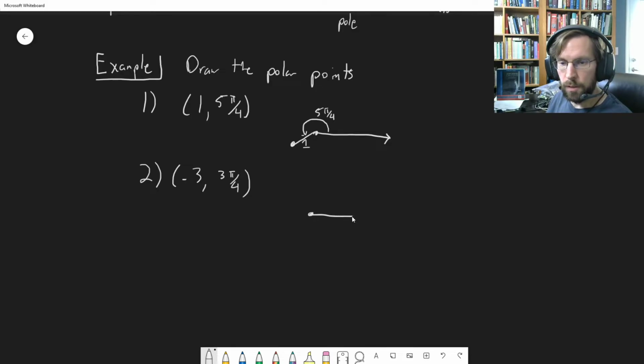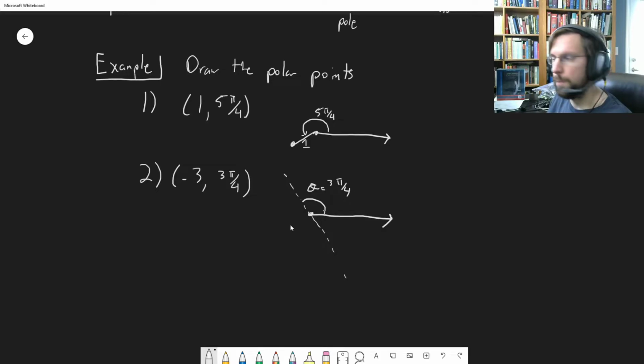Okay, so there's our pole and our polar axis. We're going to go in the 3 pi over 4 direction, so 3 pi over 4 should be about there. We can think about drawing a line here. Everything on this line has theta equals 3 pi over 4. Now, if r is positive, we are up here.